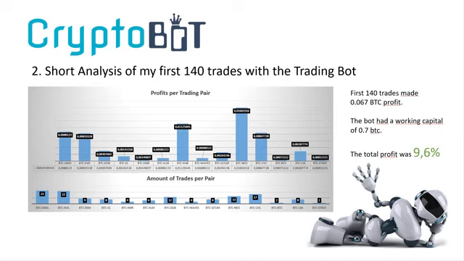So you can see that Civic, for example, was good too, 17 trades, but not as good as Neo, for example, with 13 trades, which made more profit.